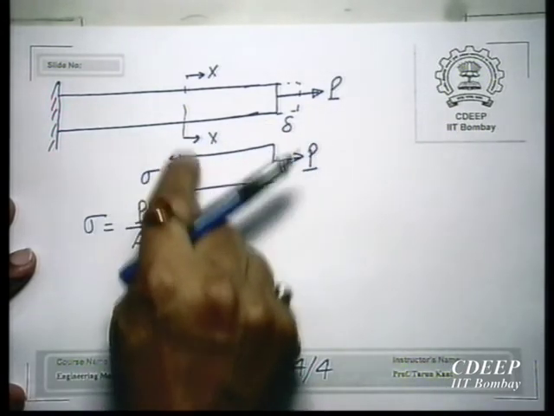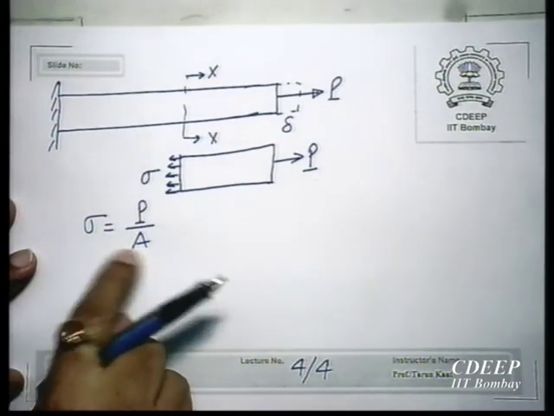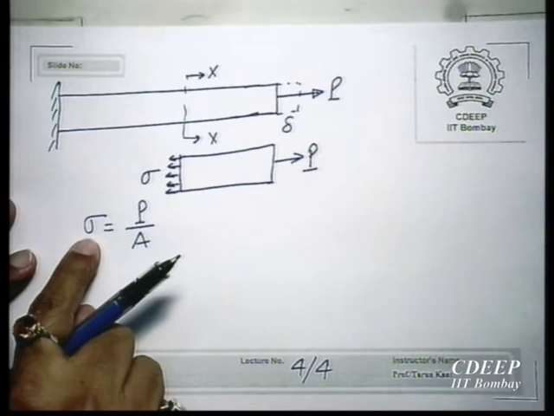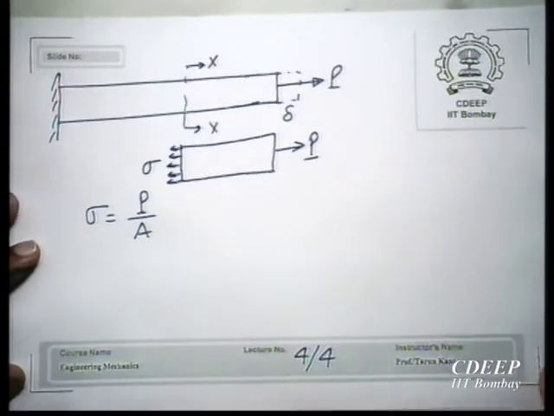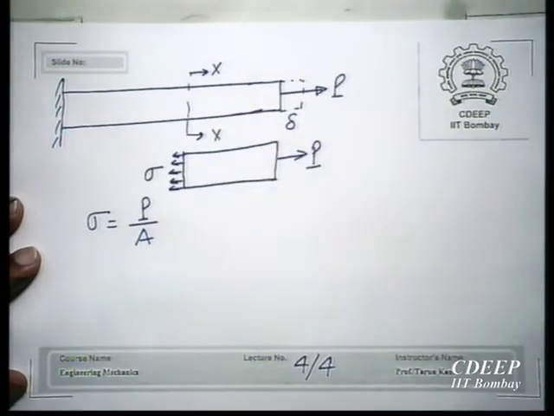So, sigma into A, where A is the cross-sectional area and sigma is force per unit area, multiplied by this must balance P. So, this is equilibrium.